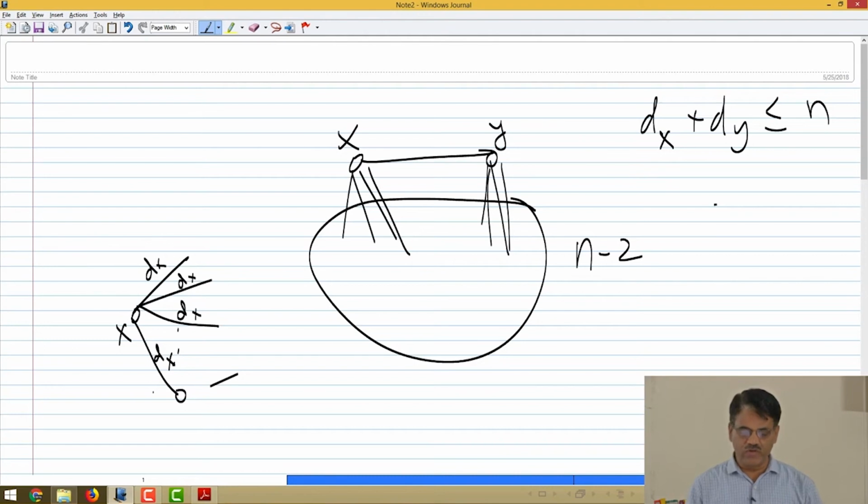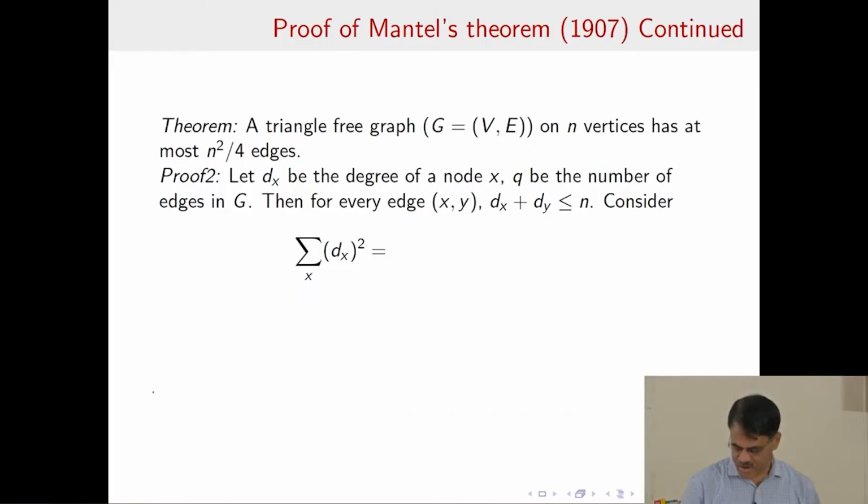So suppose I do it for every vertex, then the summation dx square I am going to translate to something on the edges. So suppose you have an edge xy, what is the weight on that edge? dx plus dy. X gives you dx, y gives you dy. So the weight on the edge is dx plus dy, right.